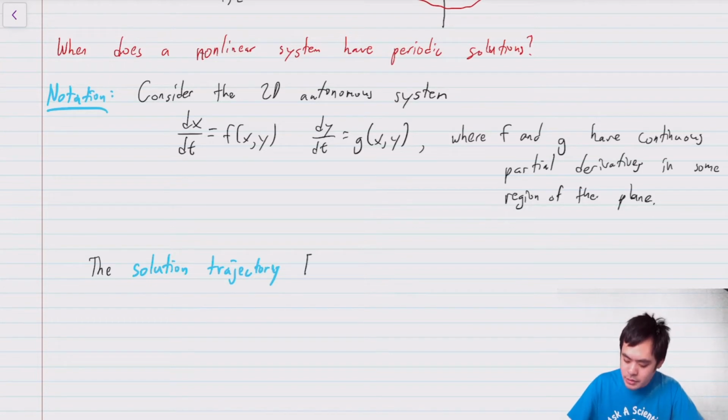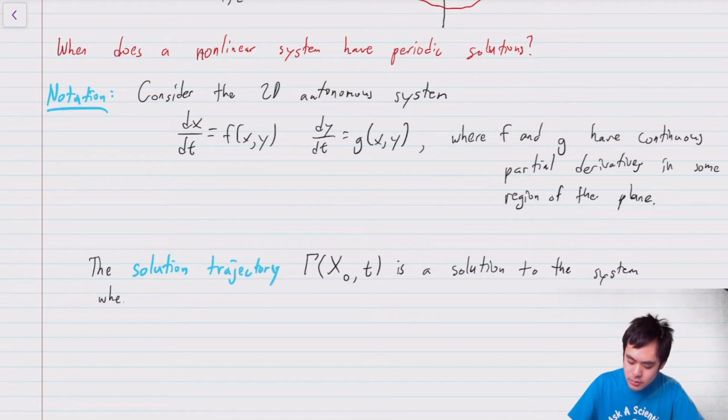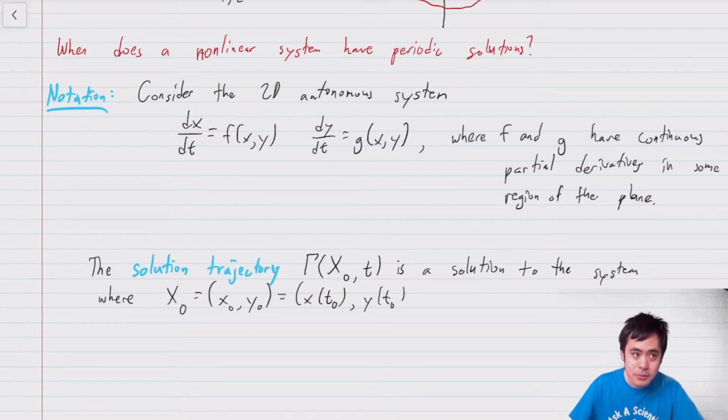So given that, the solution trajectory, which I'm going to call capital Gamma of x naught, t, is a solution to the system, where x naught is equal to (x naught, y naught), which is equal to x at time t naught, y at time t naught.